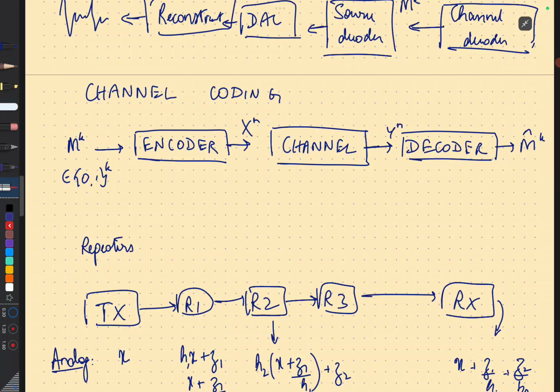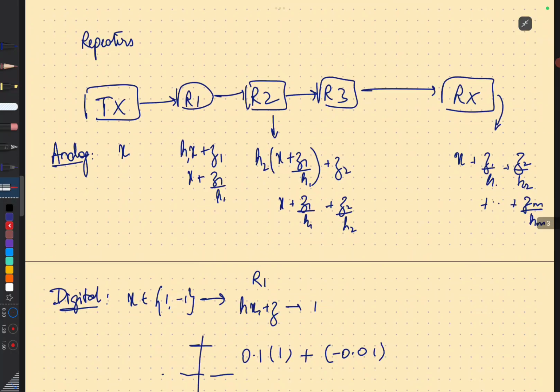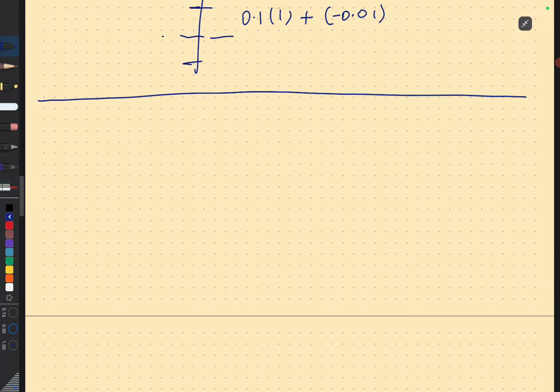I want a transmitter and a receiver, but still I want reliable communication between the transmitter and the receiver. All right. So what do we do? So one approach is, okay, let's first consider a mathematical description of this particular channel.